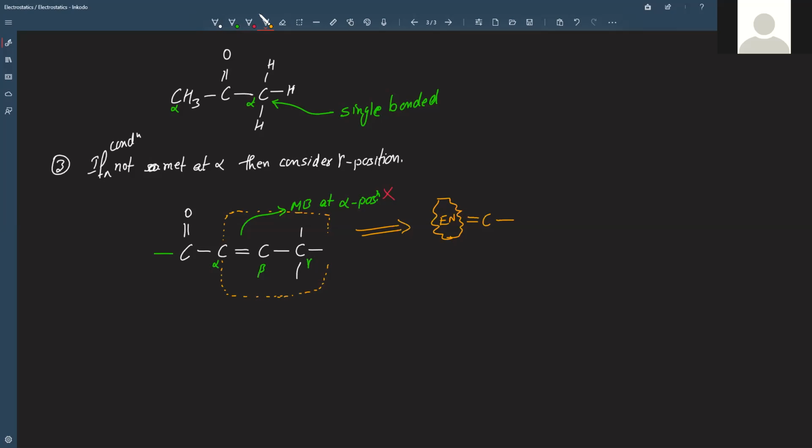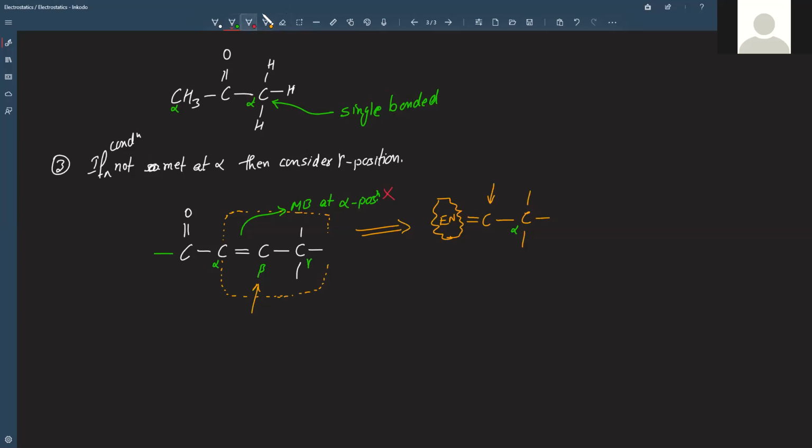Beta in this, this carbon and this carbon are same. And then there is a carbon, and there are all single bonds. So now if I consider this, this is the carbon having a double bond and functional group attached. So this will be the alpha position. And if this is the alpha position, there must be hydrogen as well, right? That was our alpha hydrogen, at least one alpha hydrogen.